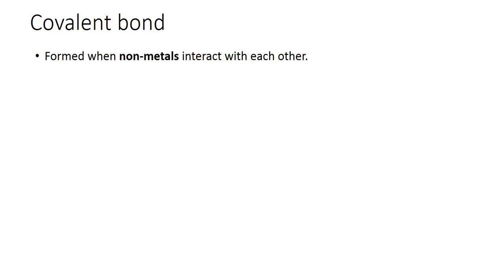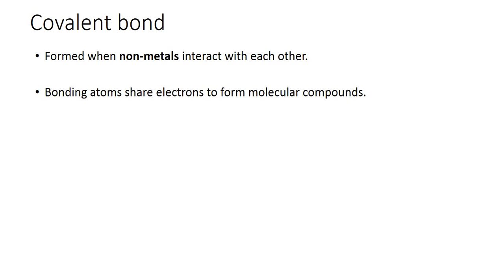Let's look at the covalent bond. Now, this is formed when nonmetals interact with each other. So when you have a nonmetal interacting with a nonmetal, we have a covalent bond. In this case, bonding atoms will share electrons to form a molecular compound.